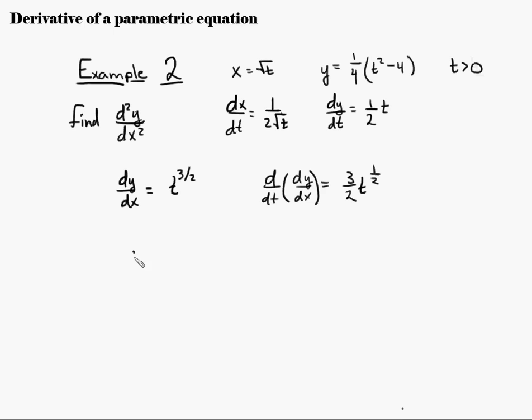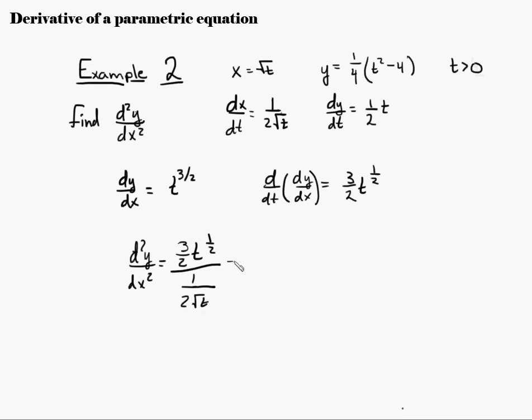So to write d2y/dx squared, I take this thing and put it on top, and then I divide it by dx/dt again. So I have 3/2 t to the 1/2, divided by 1 over 2 square roots of t.